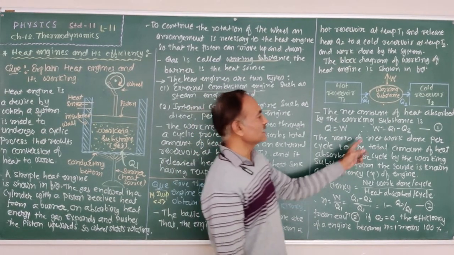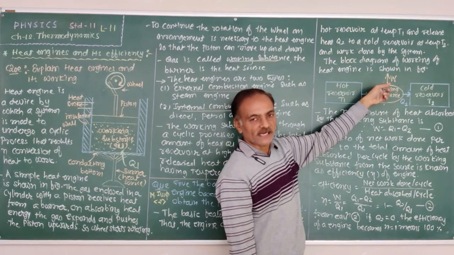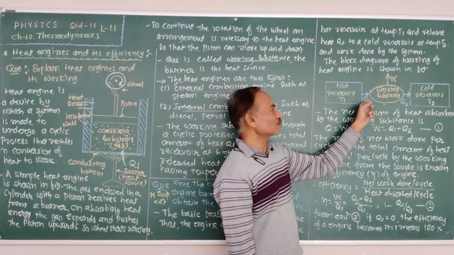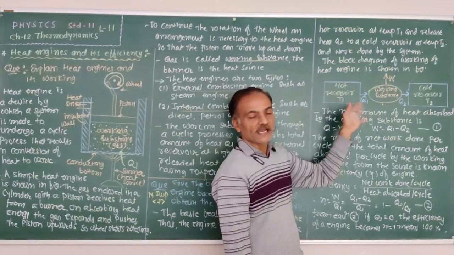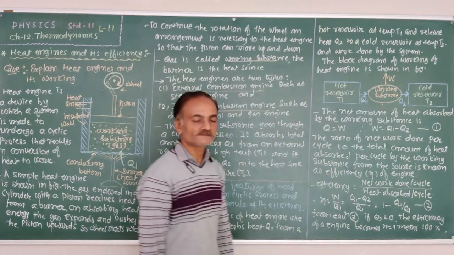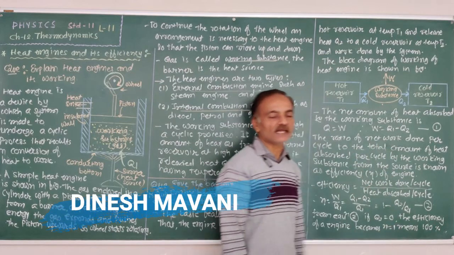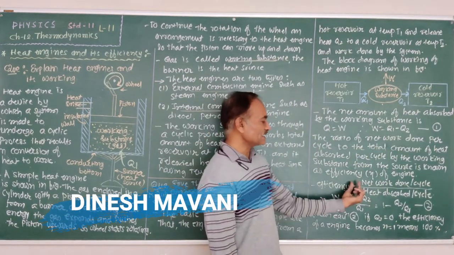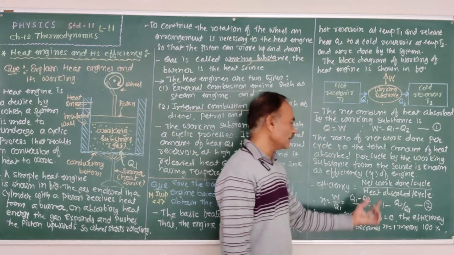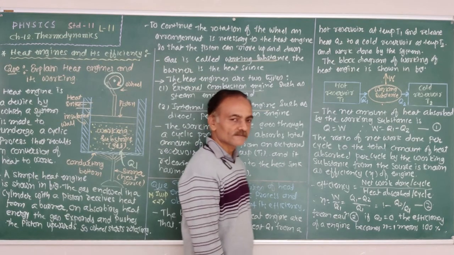Efficiency of a heat engine is the ratio of the net work done per cycle to the total amount of heat energy absorbed by the working substance per cycle, known as the efficiency η of the engine. Therefore, efficiency is equal to net work done per cycle over total heat absorbed per cycle.